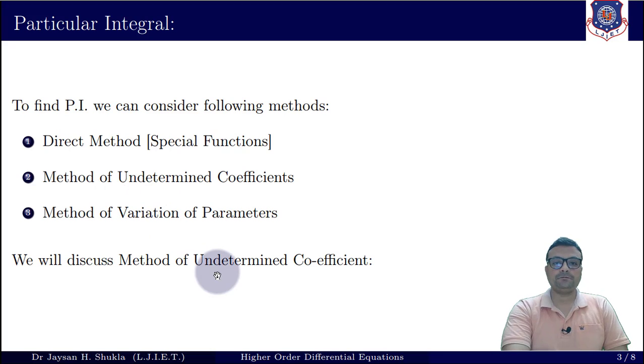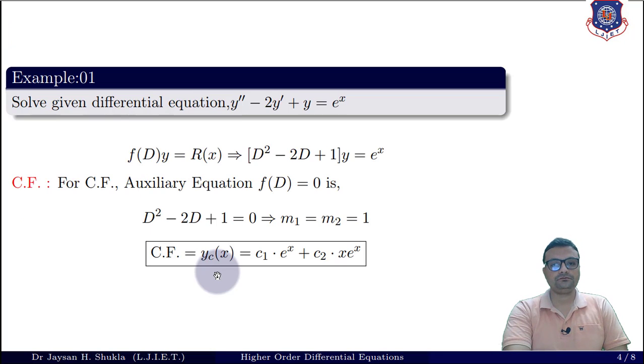Let us begin with one example. In this example we have y double dash minus 2y dash plus y equal to e raised to x. The operator form would be (D square minus 2D plus 1) y equal to e raised to x. For the complementary function, I am taking the auxiliary equation f(D) equal to 0, and therefore it is D square minus 2D plus 1 equal to 0, so m1 equal to m2 equal to 1.